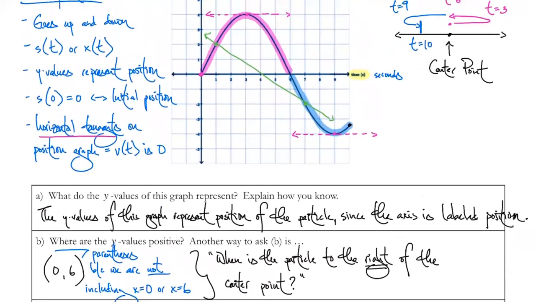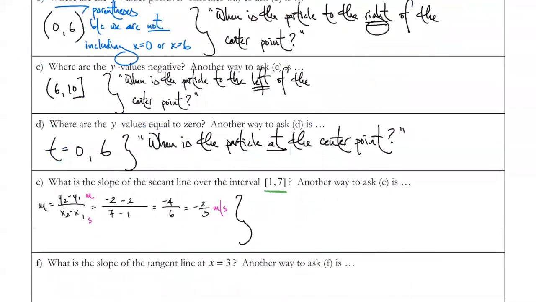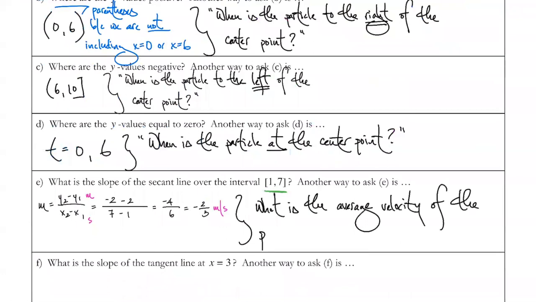So if I have average rate of change, I'm actually looking for average velocity, okay? So we can go down here and say, what is the average velocity of the particle from t equals 1 to t equals 7.